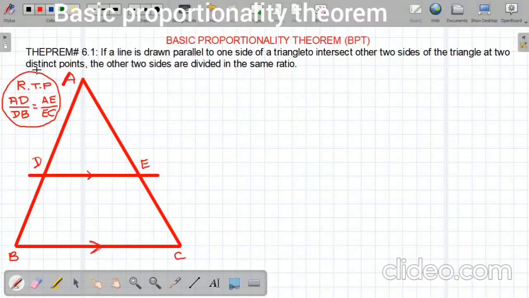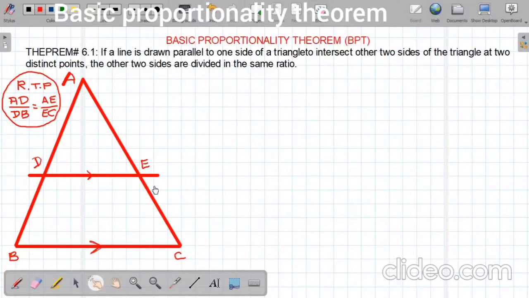Basic proportionality theorem. The theorem says, if a line is drawn parallel to one side of a triangle to intersect the other two sides, in this case the other two sides are AB and AC. So the line is drawn parallel to one side of a triangle, that is BC.